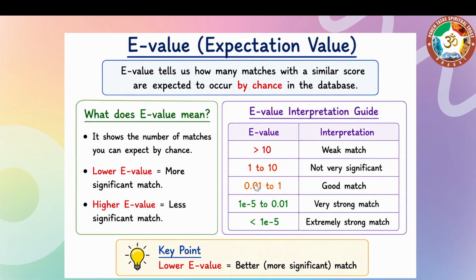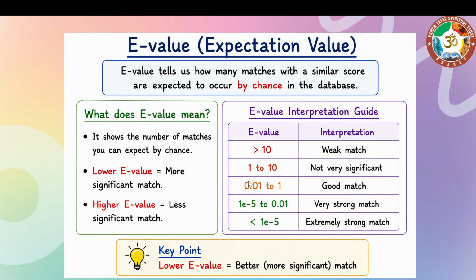For the same match, the E value is now 0.01. So this means only 0.01 such matches are expected by chance. So are we understanding the difference between 10 and 0.01? Here the E value is 10, which means the chance is very high. Here the E value is very low, which means the chance is very low.